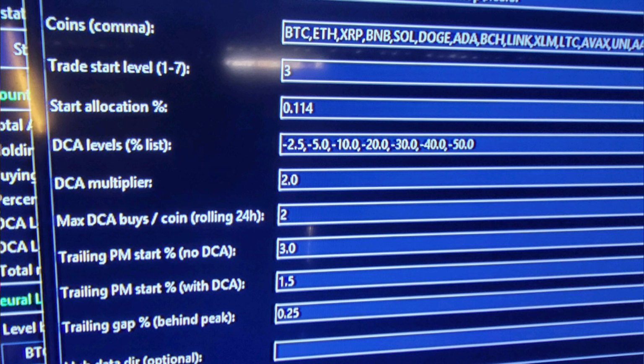That controls how much you buy of the crypto when it does a DCA buy. The multiplier basically takes whatever you currently have in the trade and then multiplies it by the multiplier, and then what you get from that answer is how much you buy for the DCA.